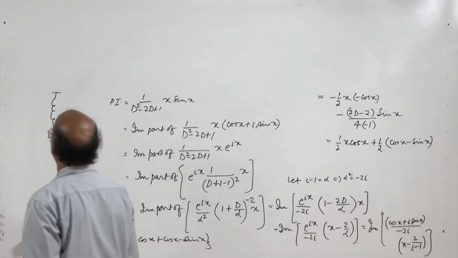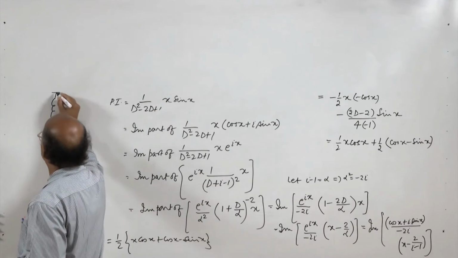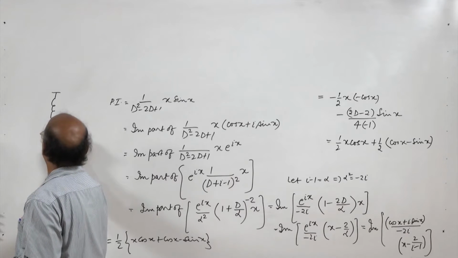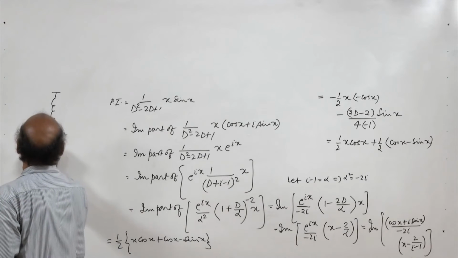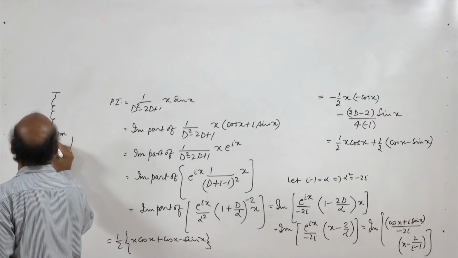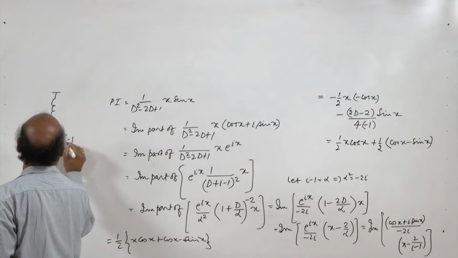We had considered a vertical spring with a fixed support, and then a mass m is suspended from the lower end of the spring, and it is attached to a dashpot filled with a viscous liquid.